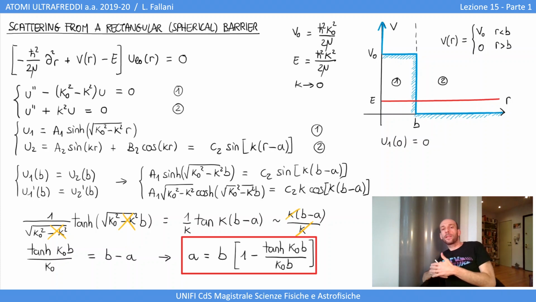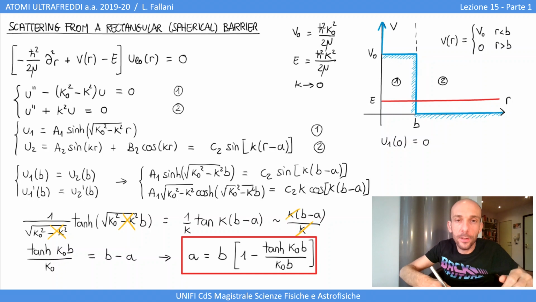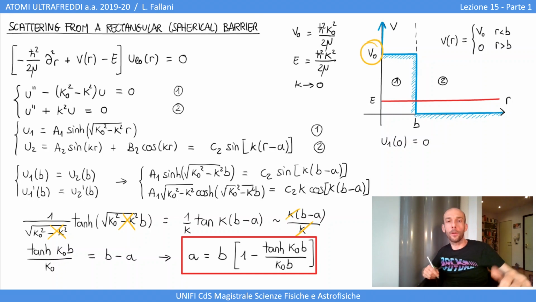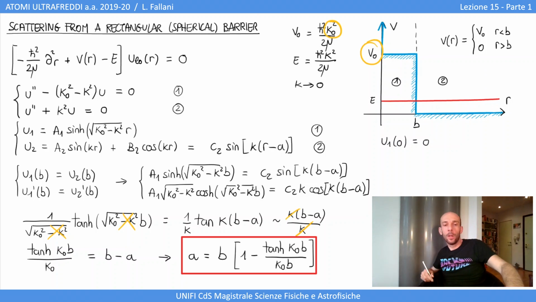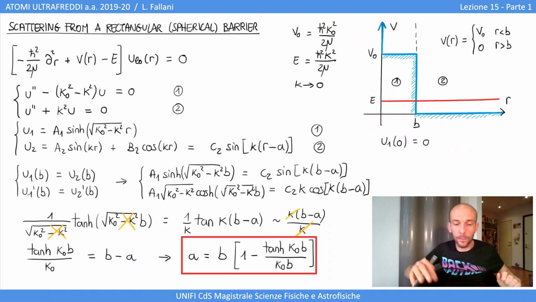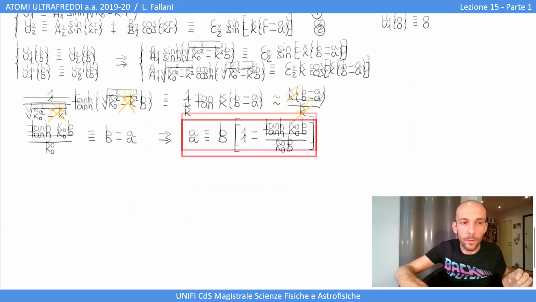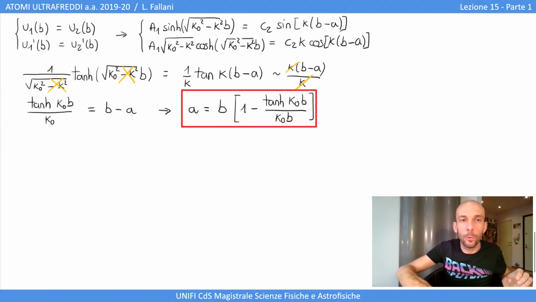And so this is a simple relation that connects the scattering length to the parameters which describe the potential. And for instance, let's suppose to have a fixed width of a barrier, and let's suppose to change its height. So let's see how this scattering length depends on V0, or in other words, how it depends on k0. And we can plot this quantity, and it is rather simple. So in particular, what do we see?